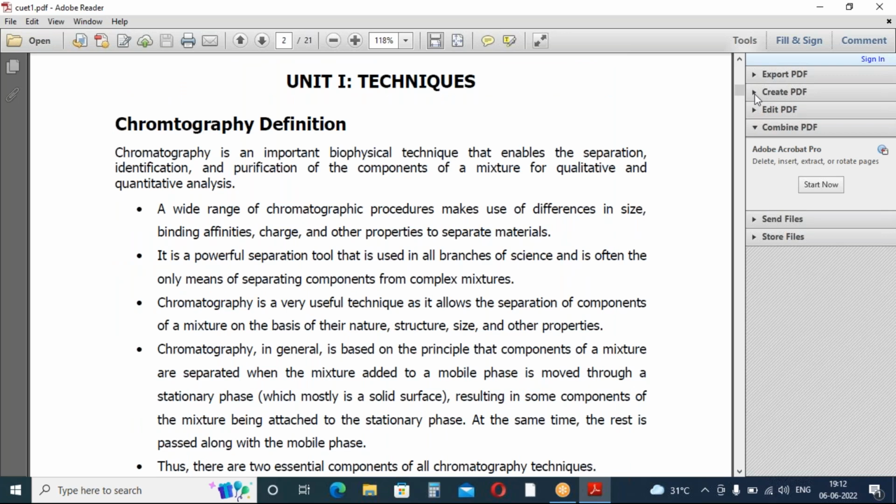And who introduced the chromatography techniques? Anyone? Who introduced chromatographic techniques, which is mainly used for the separation of plant pigments?